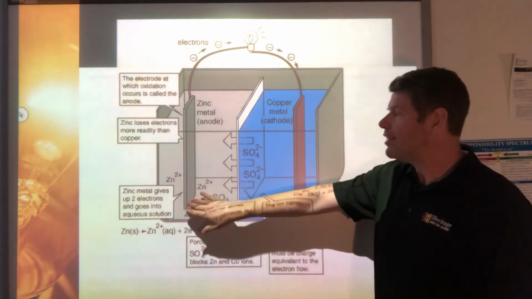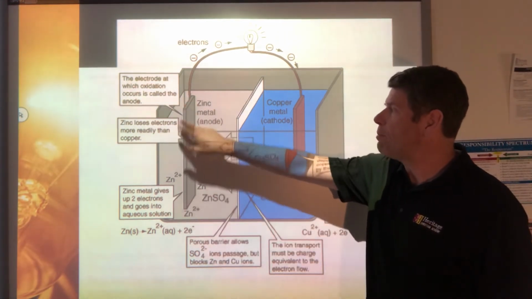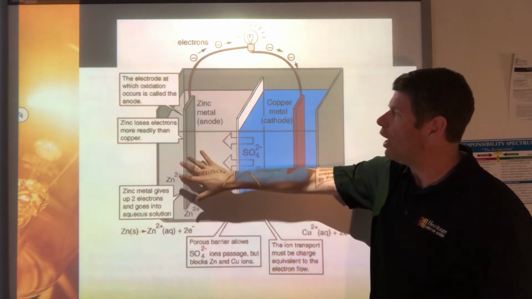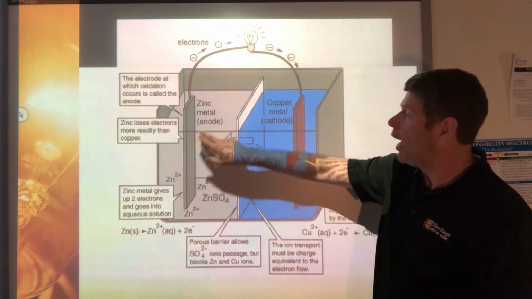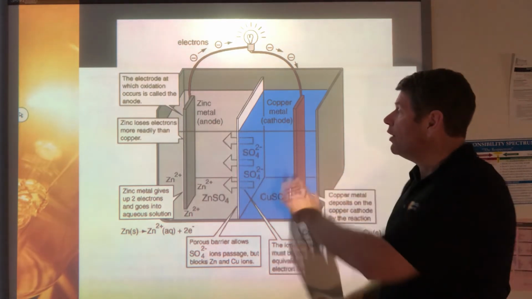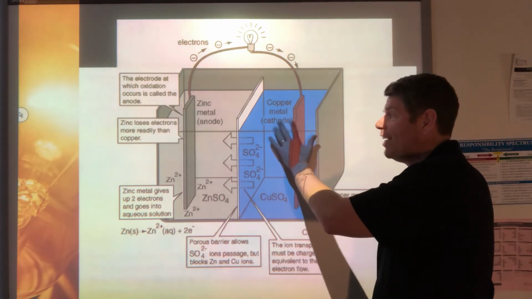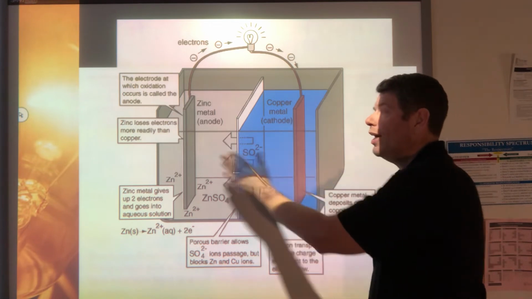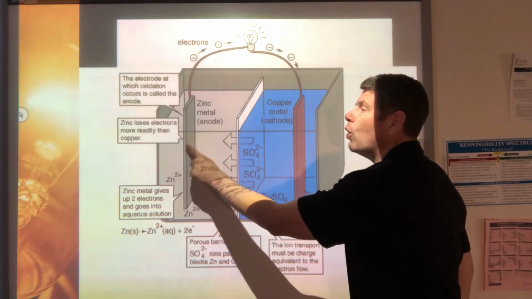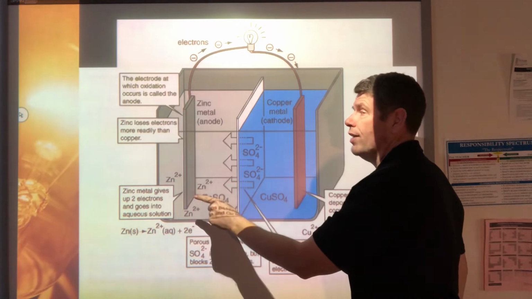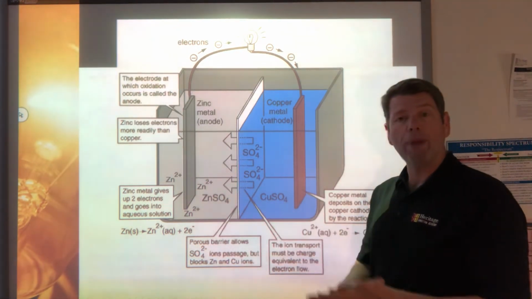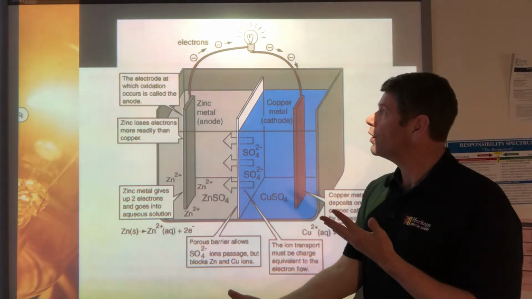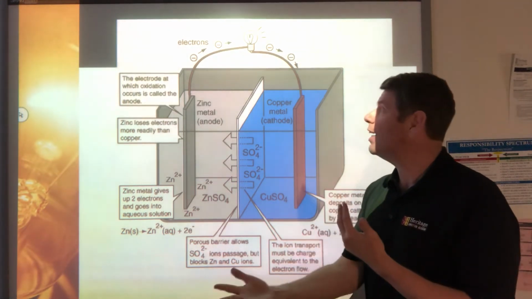This time, instead of iron, we can have a piece of zinc, or a zinc metal strip, for this electrode. I didn't mention it before, guys, but the electrode that catches the electrons is called the cathode. The electrode that provides the electrons is called the anode. So electrons always flow from anode to cathode, like alphabetically, A to C.